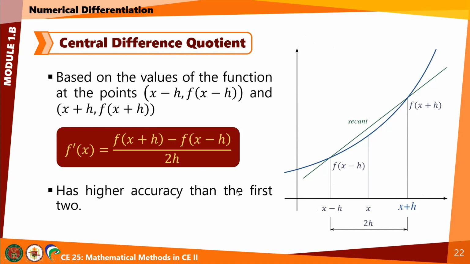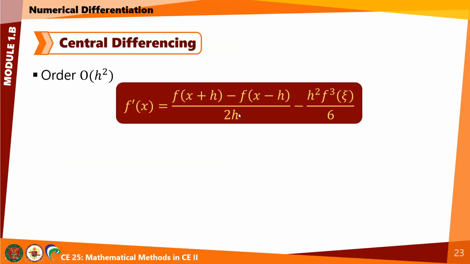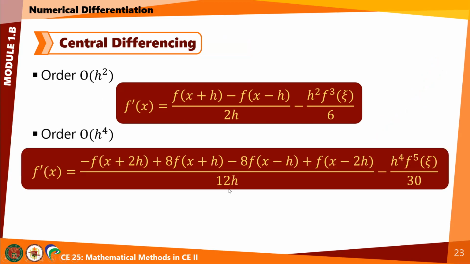Why is that? Because it is of order h squared. This again is from the Taylor series. Probably, so you can appreciate it more, it is shown here. Oh, there is even an order h to the fourth. I'll show you how to derive this, so that you will be confident.